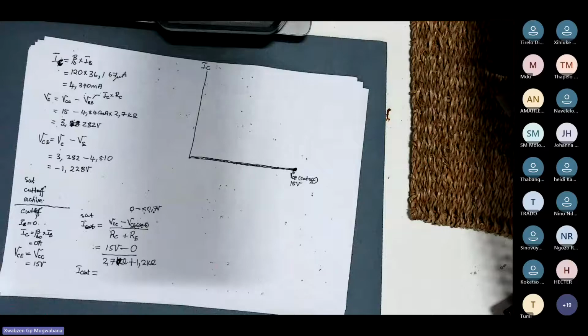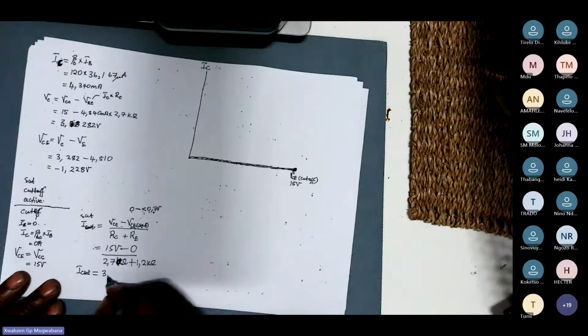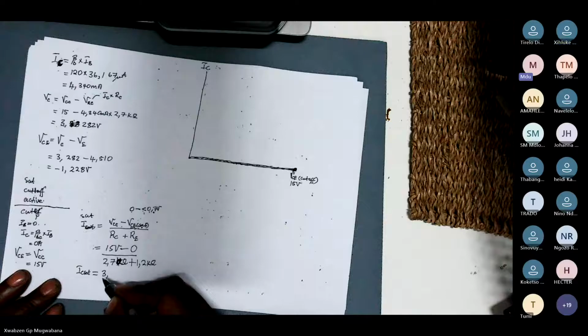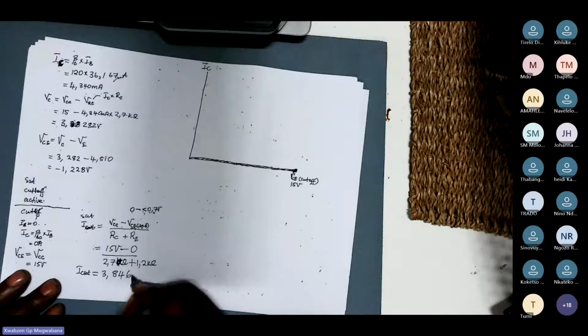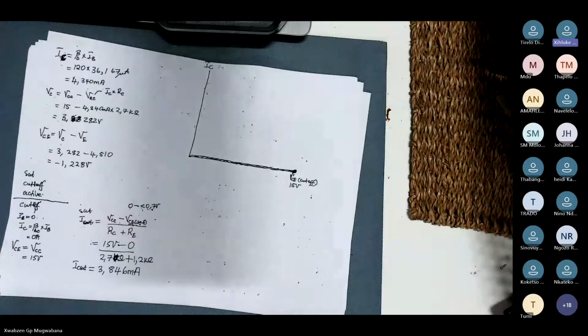What will be the answer? 3,846 milliamps.